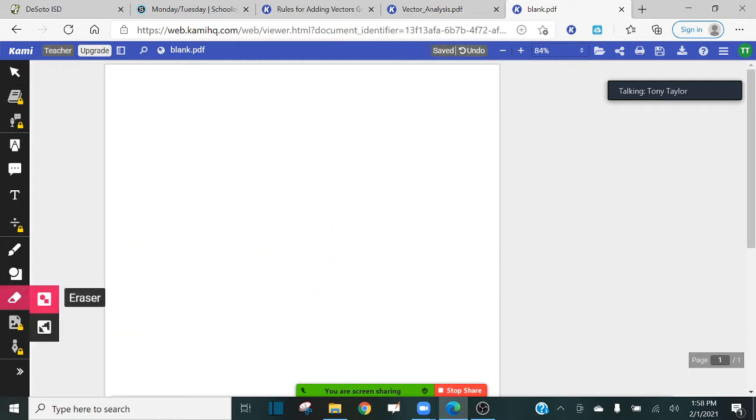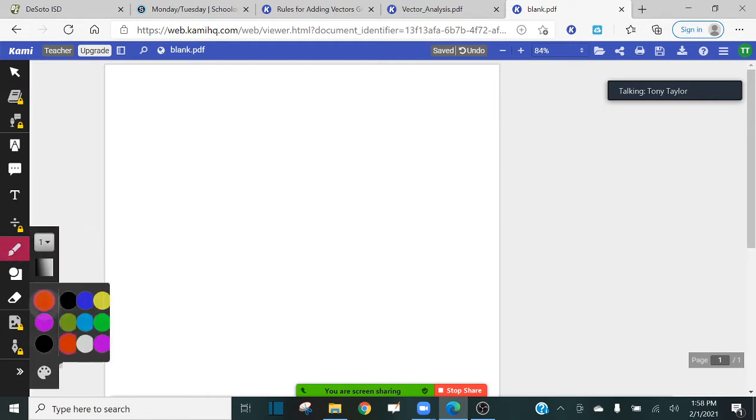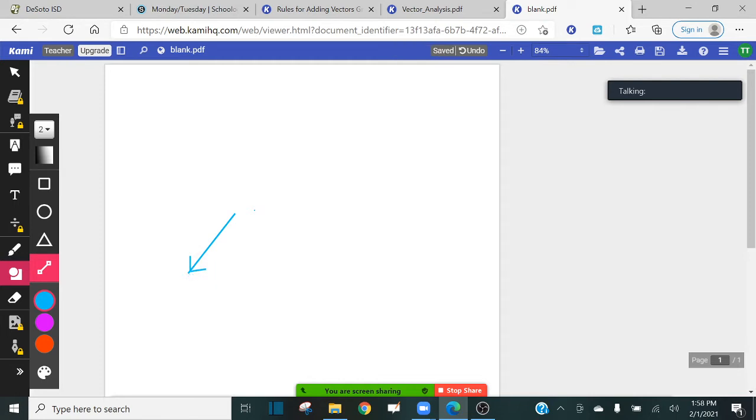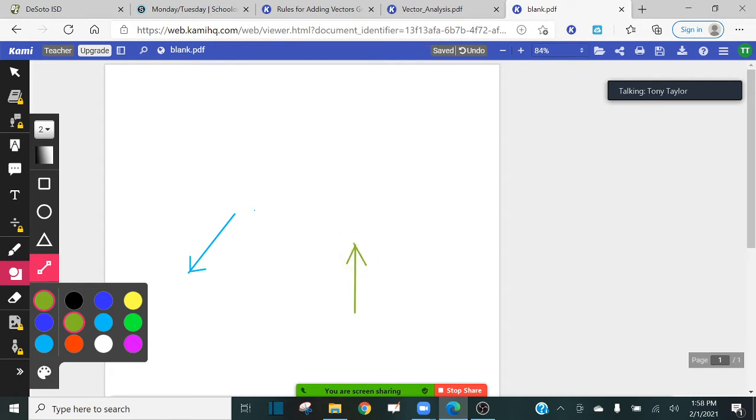Okay. So suppose I give you a vector that looks like this. I'm going to call this vector right here v1. Okay. And I'm going to call this vector right here v2.